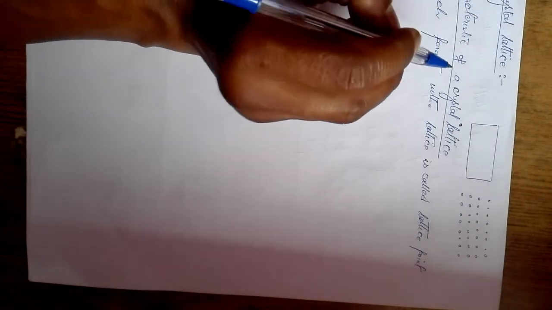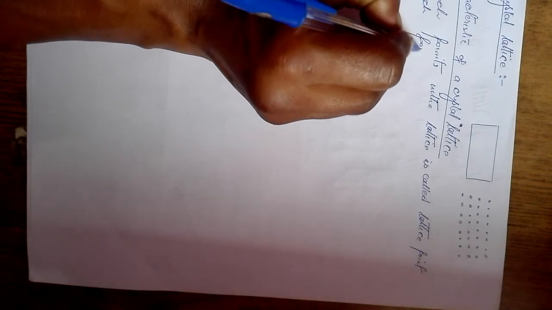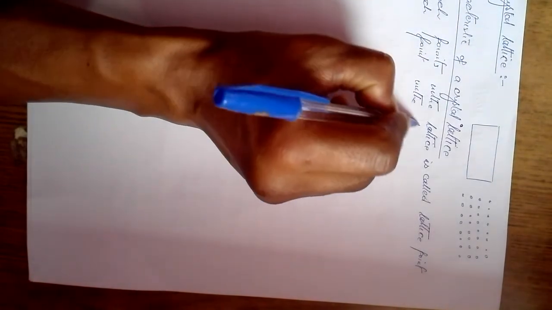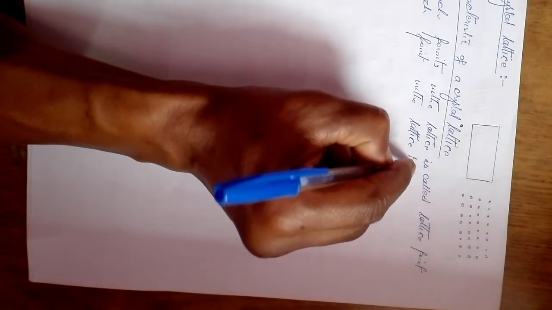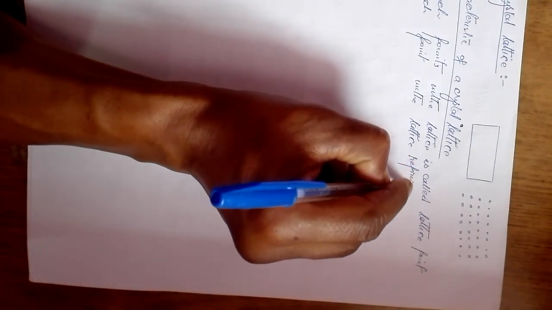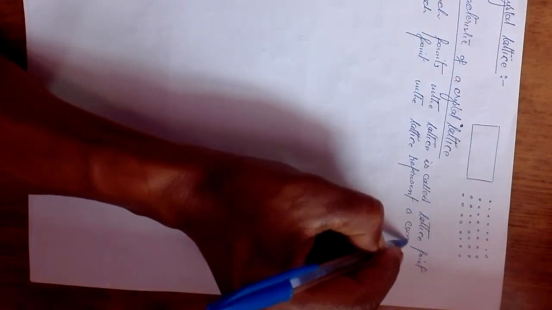The next characteristic is that each point in a crystal lattice represents a constituent particle.